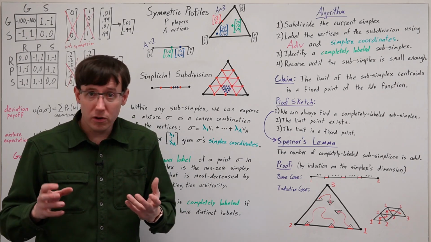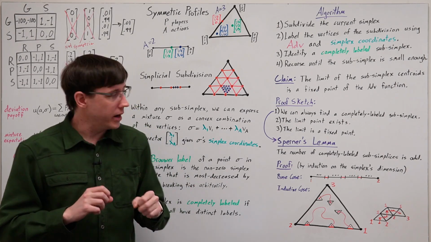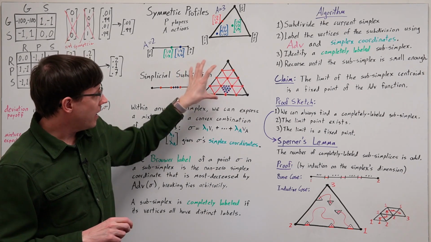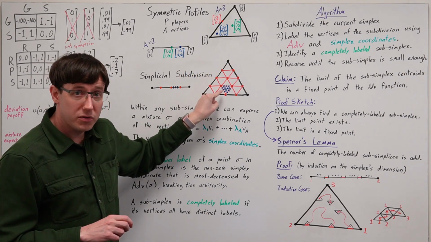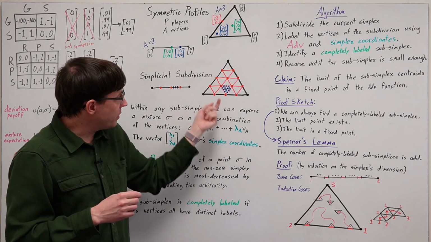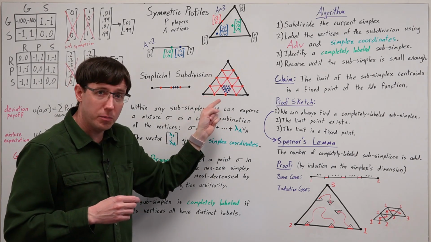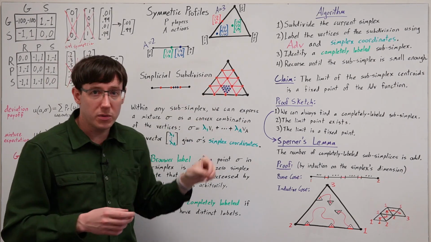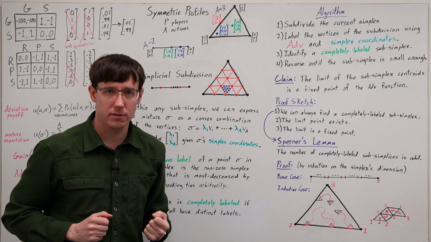So our goal here, to zoom in on a Nash equilibrium, will be to subdivide the simplex, identify the right subsimplex to zoom in on, change our coordinates to be in terms of that subsimplex, and then continue recursively by subdividing our new smaller simplex.